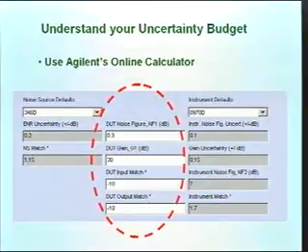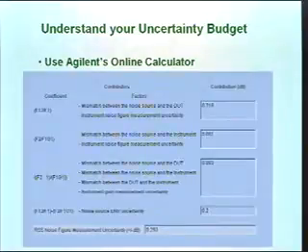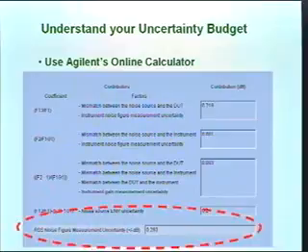Minus 10 means it's a return loss in dB. Click tabular results, and you see that, which gives you the uncertainty, the total root sum of squares uncertainty of 0.293 dB. So you've measured 0.3 dB with an uncertainty of, well, 0.3.